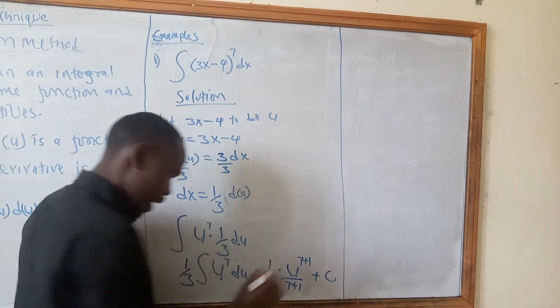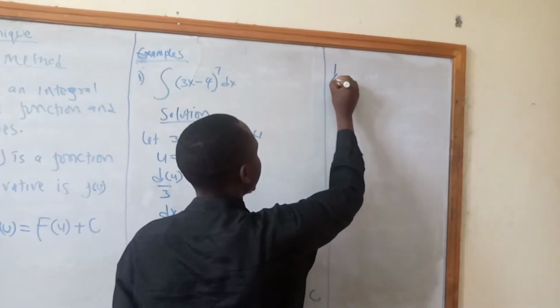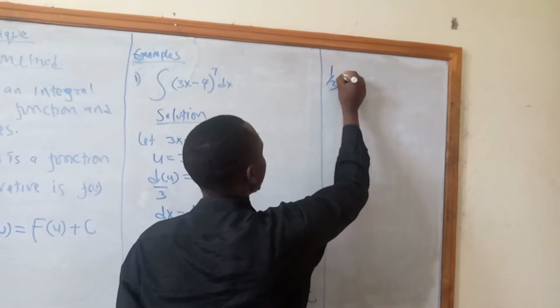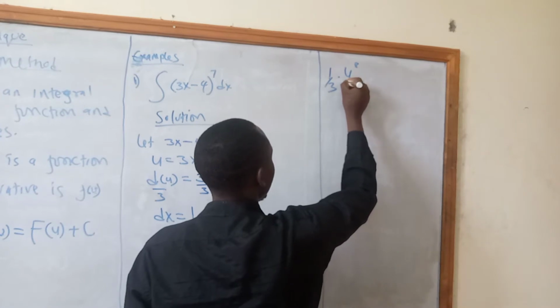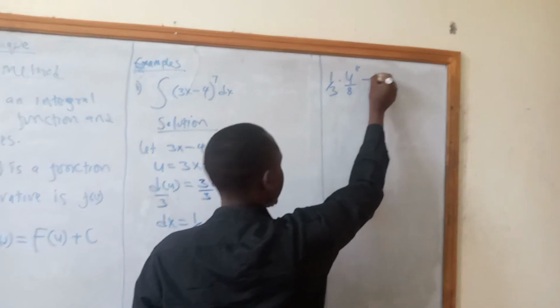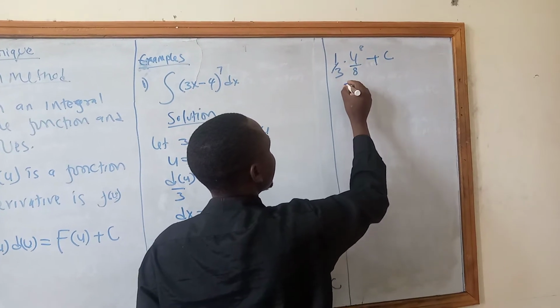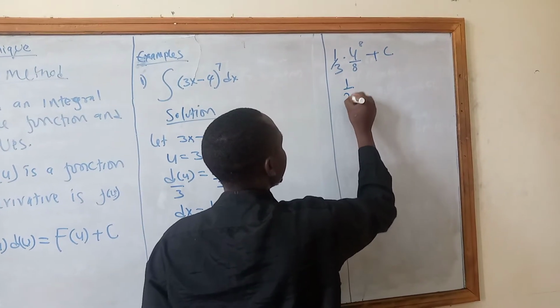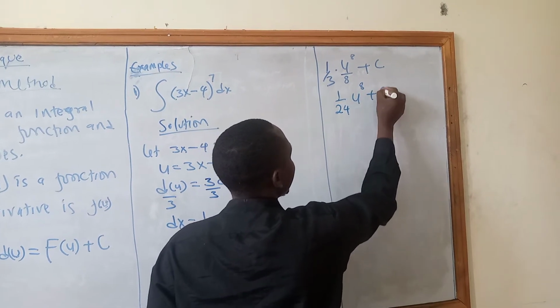plus a constant c. This is the same as 1 over 3 multiplied by u raised to 8 over 8, then plus a constant c. If I do the multiplication, this is the same as 1 over 24 u raised to 8 plus c.